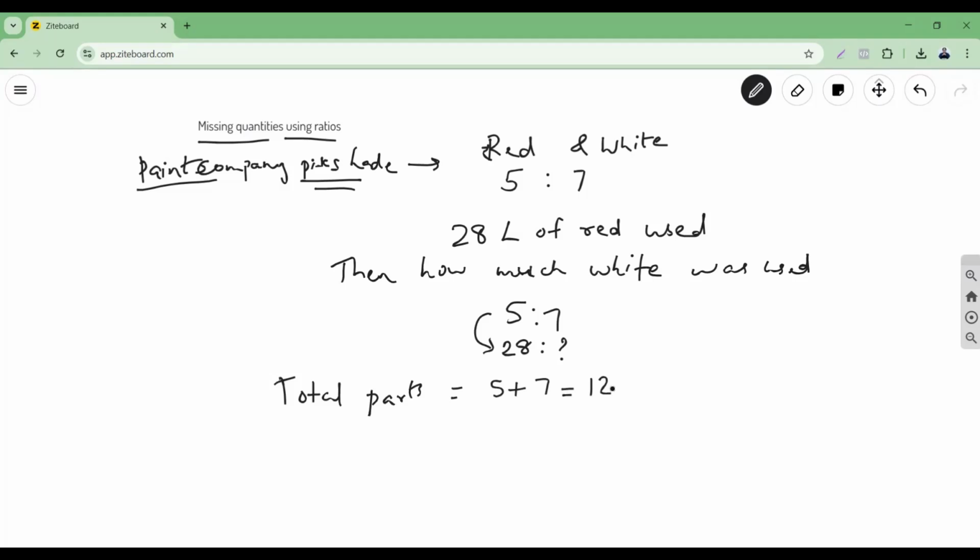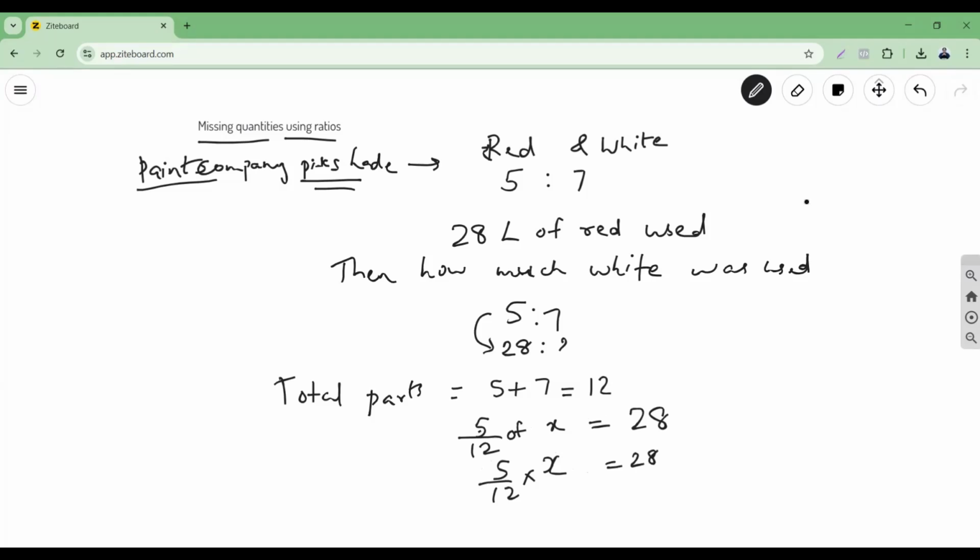So 5/12 of something is 28. How can we find how much that something is? So 5/12 times x is 28.